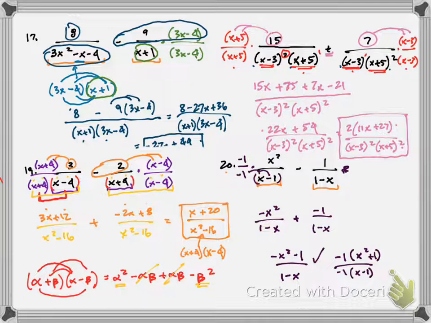So take a moment and think about that. Negative 1 over negative 1 reduces. So this is one way to express it. But as we've talked about throughout the Chapter 1 algebra skills a few weeks ago, as long as all of the values are opposite, that is equivalent to factoring a negative 1 out of the numerator and the denominator. And so negative x squared minus 1 over 1 minus x is the same as positive x squared plus 1 over x minus 1.